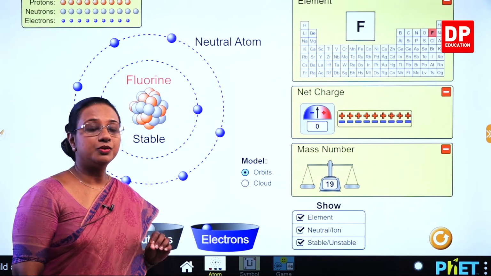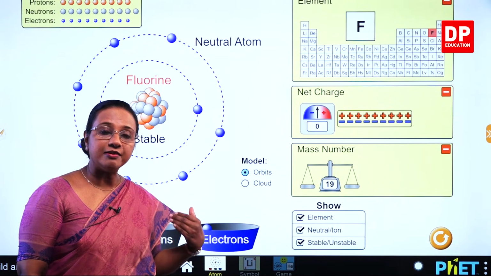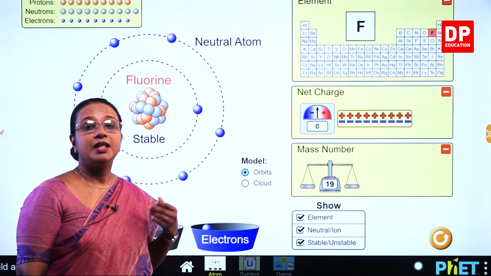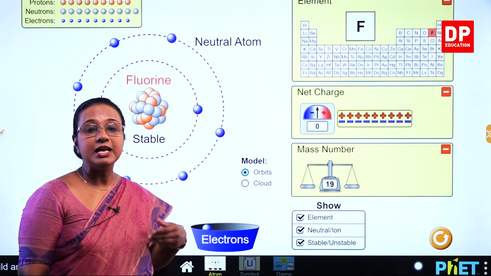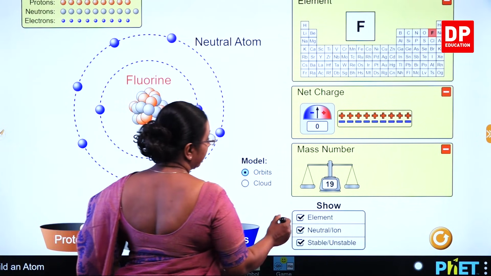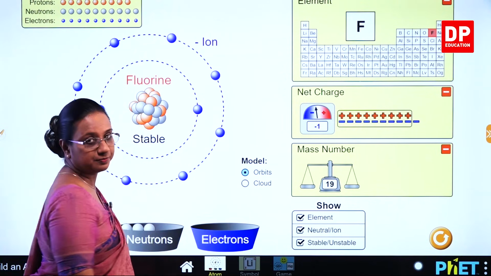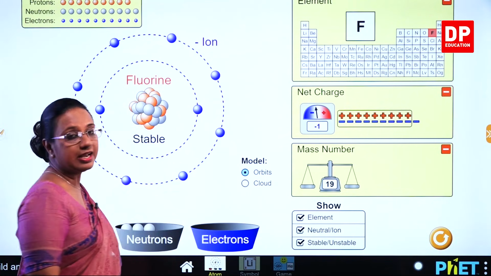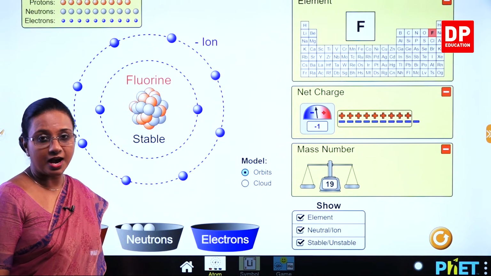But as you know, to an atom we can add electrons and remove electrons. When we add an electron, the atom gets a negative charge, therefore we call it a negative ion. So for fluorine, if we add another electron here, you can see it has a negative charge and it becomes a negative ion.